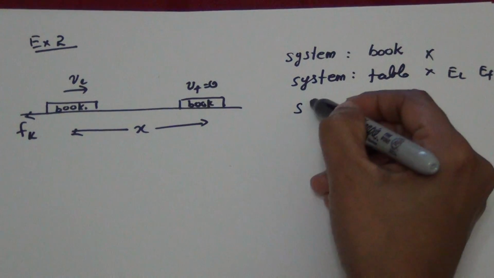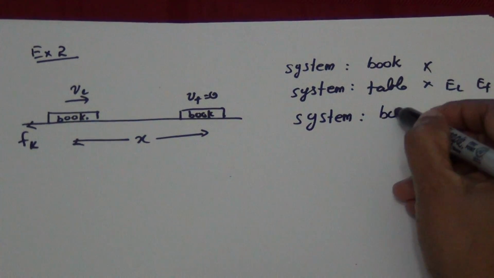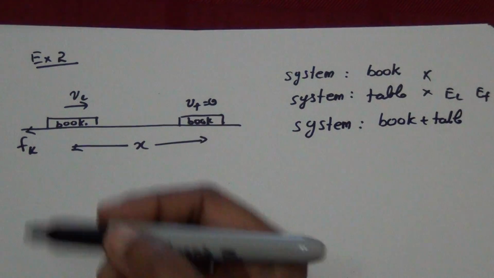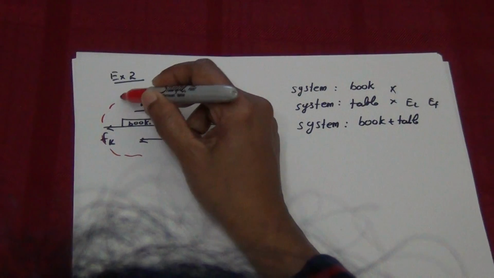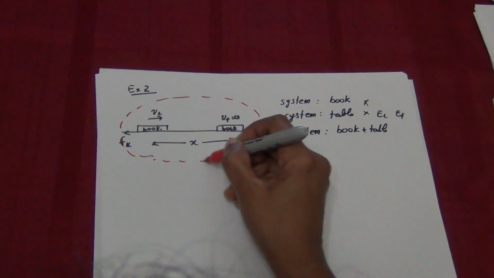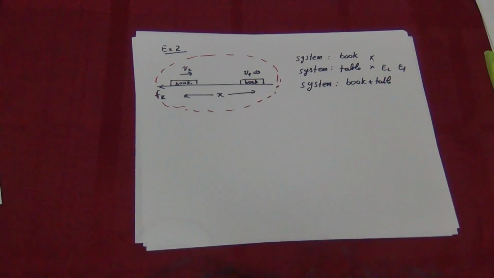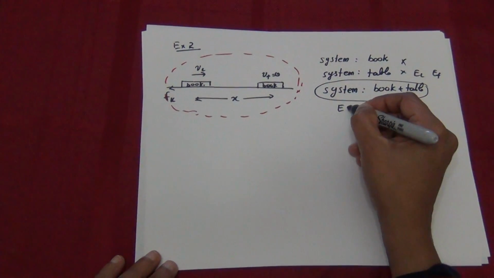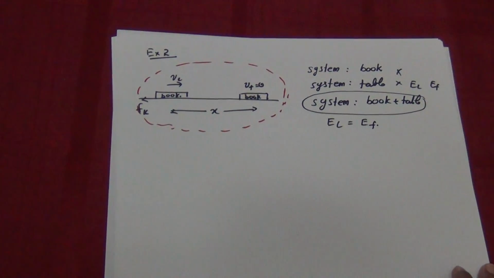But now think that the system is the book plus table, and you have a boundary where energy of any type cannot escape, right? Then we can say in this system the initial energy is equal to the final energy, right?